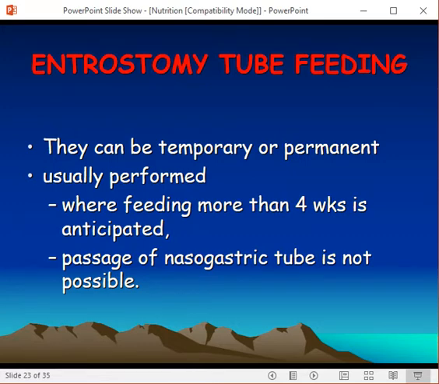Enterostomy tube feeding. They can be on a temporary or permanent basis. Usually performed when feeding is required for more than 4 weeks, and the passage of a nasogastric tube is not possible.